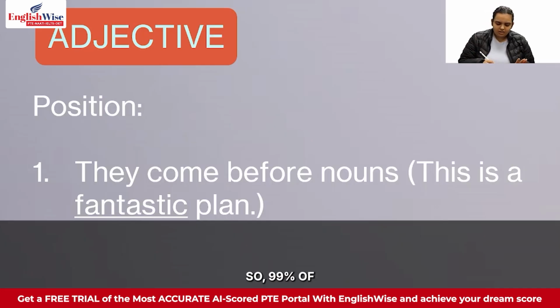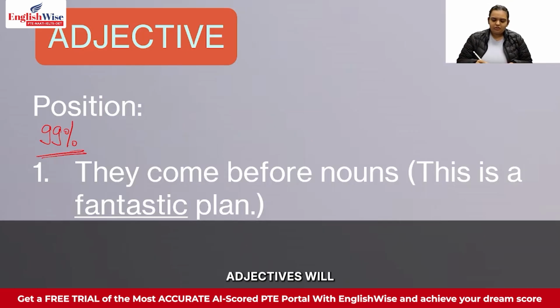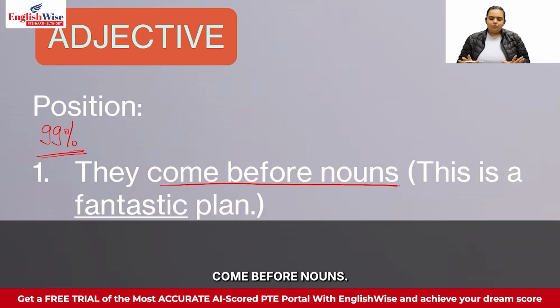So I always tell my students that 99% of the times your adjectives will come before nouns. Okay, that means if I give you an example, this is a fantastic plan. So plan over here is a noun and this is your adjective coming right before your noun. So 99% of the times your adjectives will come before the noun.